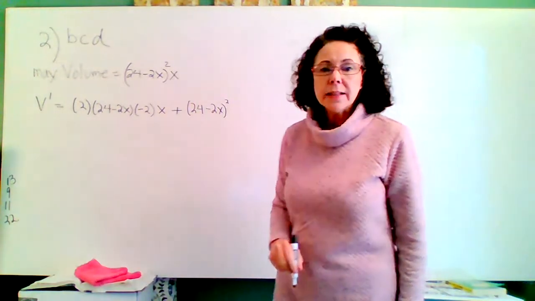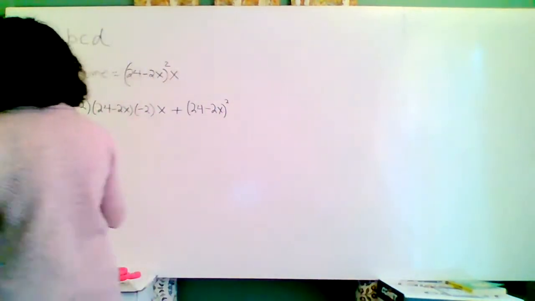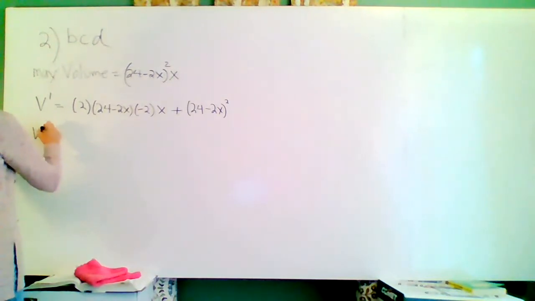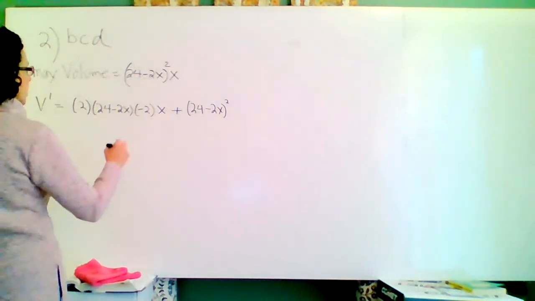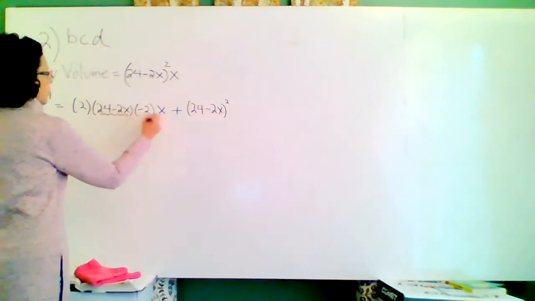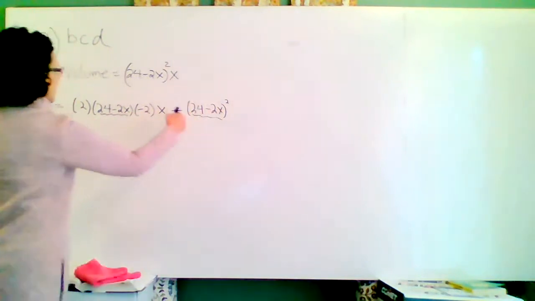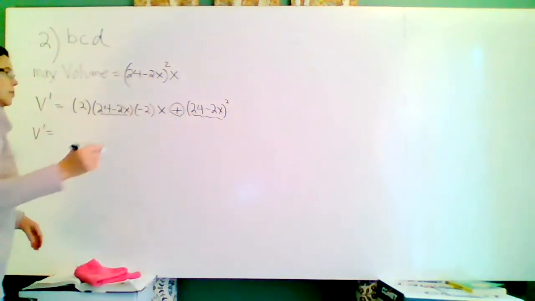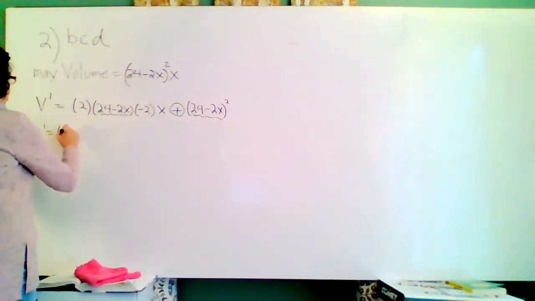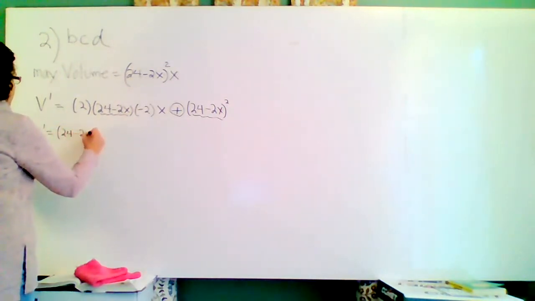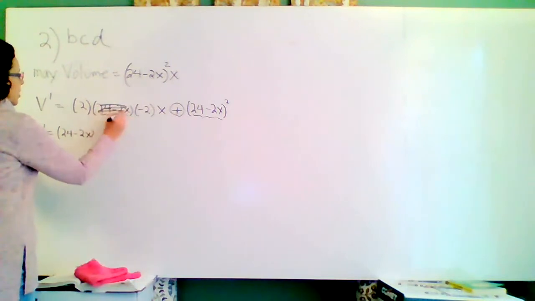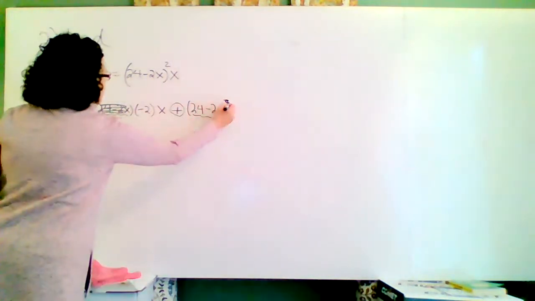Okay, so let's clean this up a little bit so it's easier to set equal to 0. There is a base of 24 minus 2x in each of these terms, right, separated by this plus sign. So that's 24 minus 2x. This one is gone, and this one is to the first power.